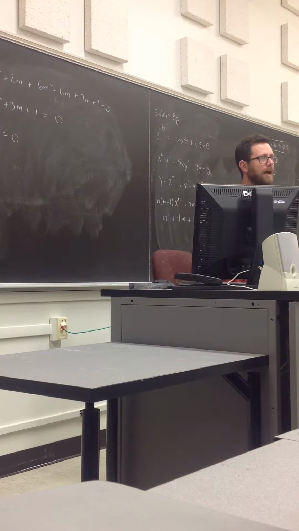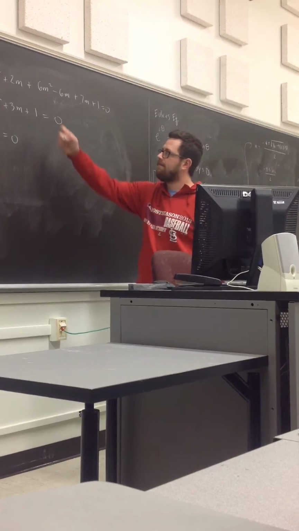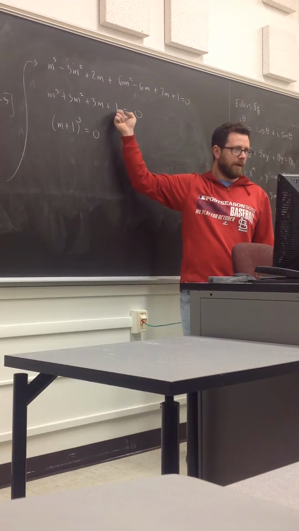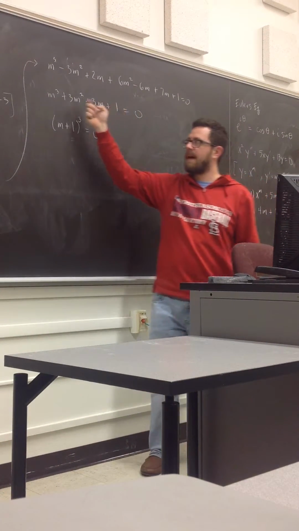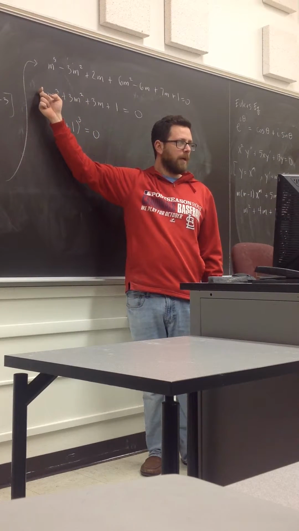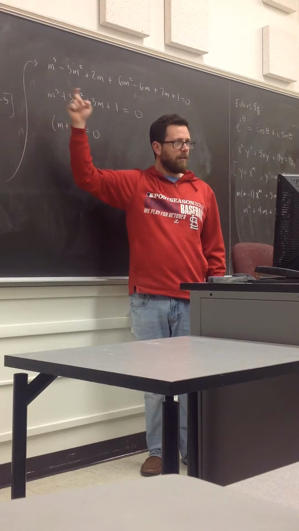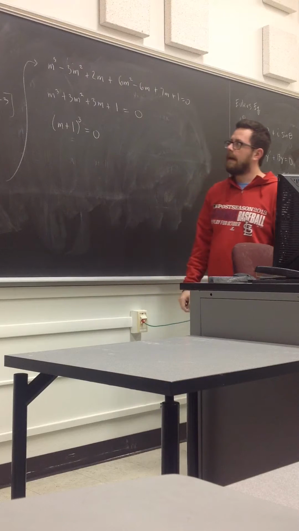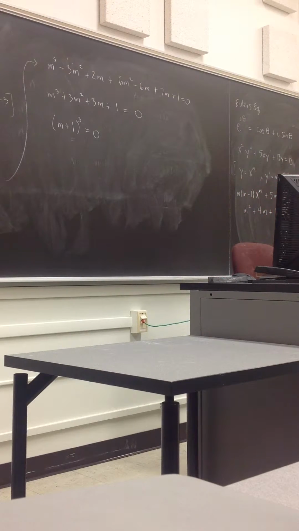The only possible rational solutions are factors of this number, plus or minus 1, divided by factors of this number, plus or minus 1. I can tell for sure by looking at this that any positive number cannot be a solution, because you'll never get 0. So the only possible rational solution is -1, and if you check, it is a solution.